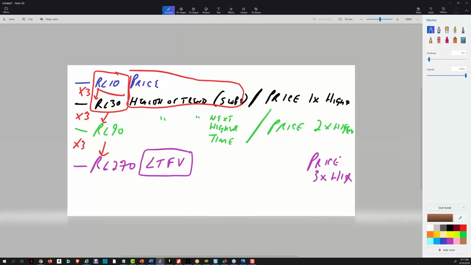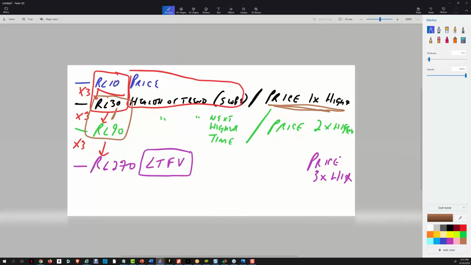The next pair, the RL30 and the RL90, have the same relationship, it's 3 times more, as the 10 and 30, except it's just 1 time frame higher, so it's times 3. So whereas on my charts, the RL30 shows the health of the trend, I'm also seeing the price of the next higher time frame.